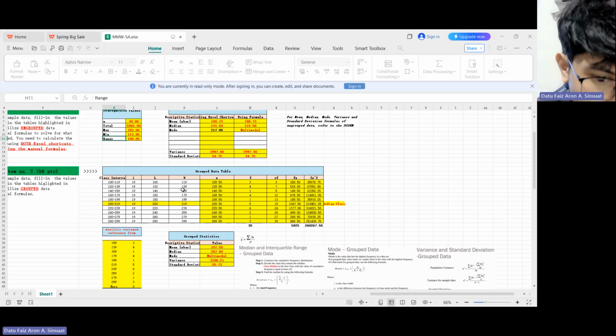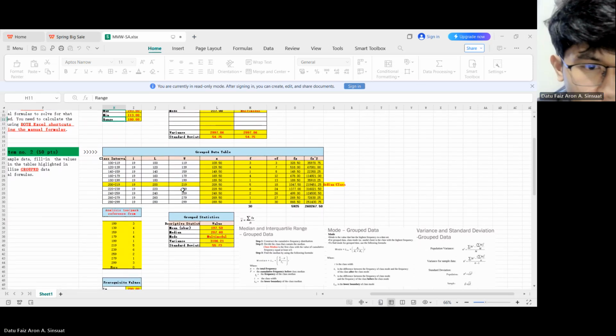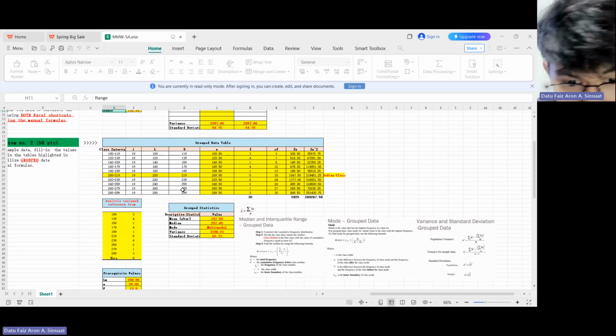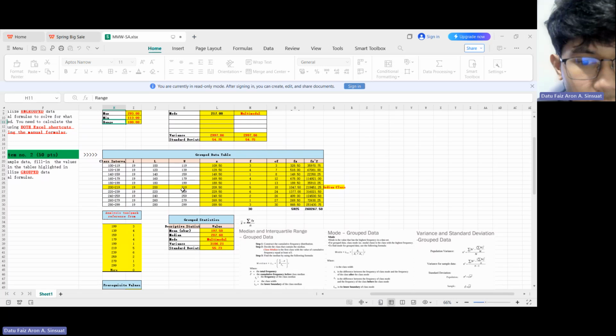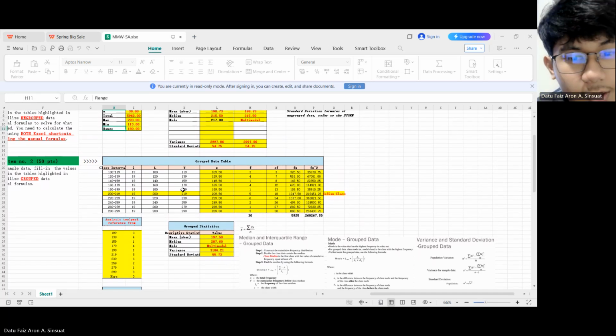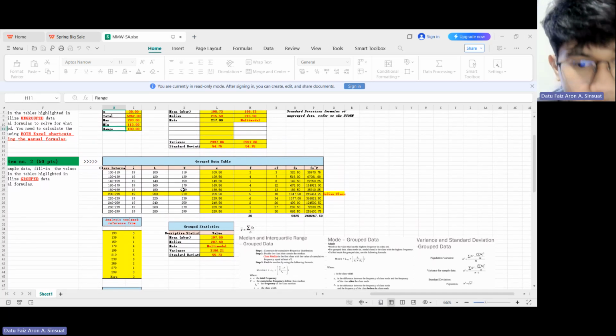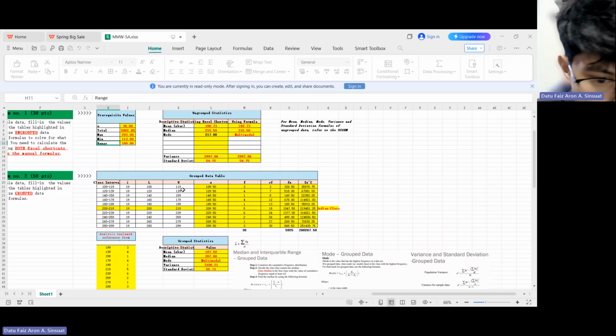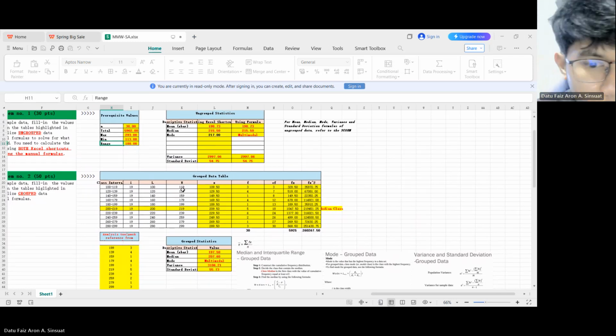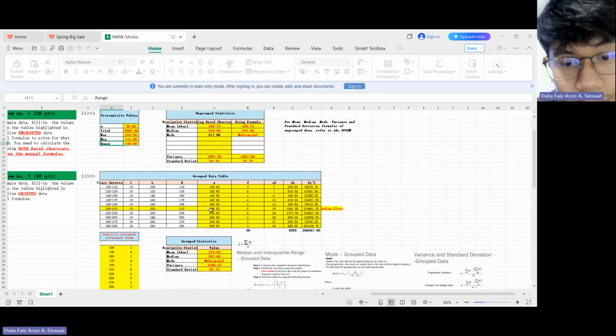Now, the correlation tells us if two things are related, like does more study time mean better grades? That's correlation. If the correlation is close to 1, they go up together.